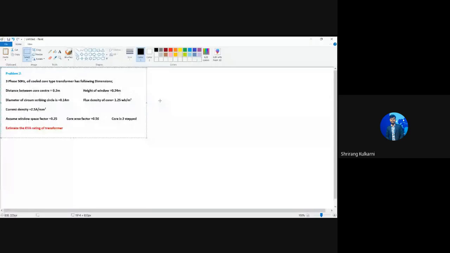Now the output equation is equal to, what is the formula for that? Output Q is equal to 3.33 frequency Bm AI AW KW delta 10 to the power of minus 3. So now substitute the values.